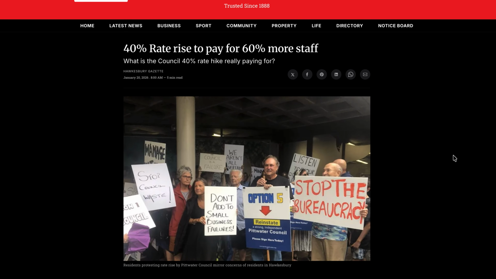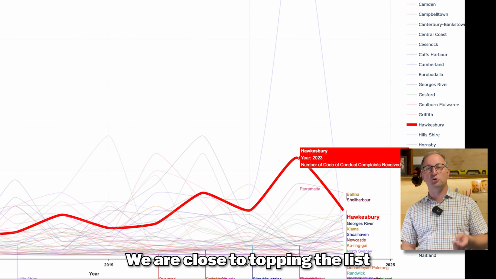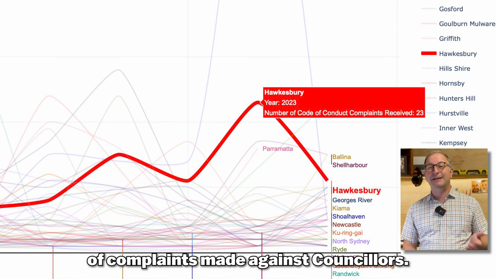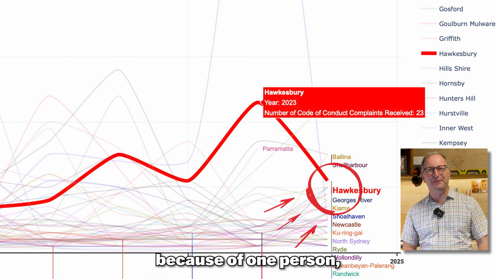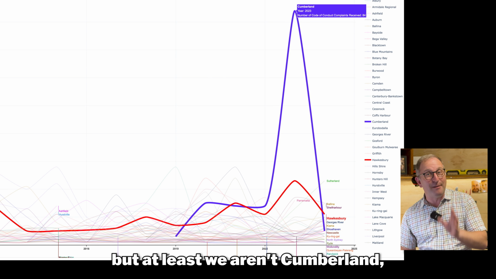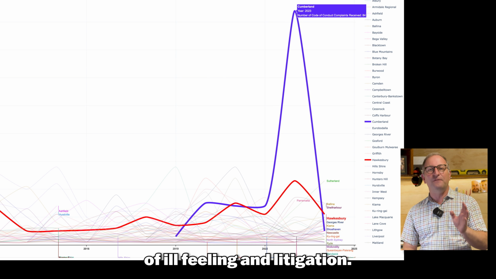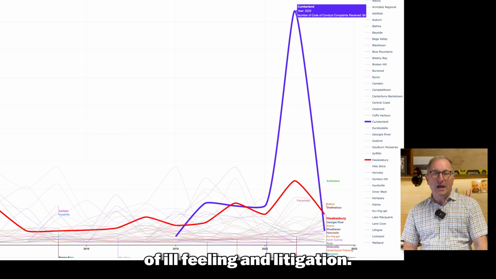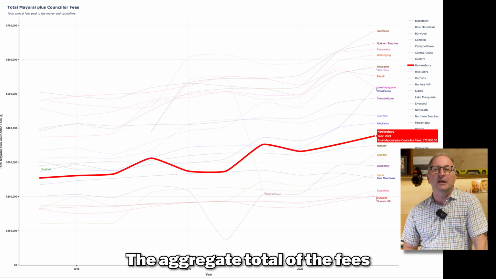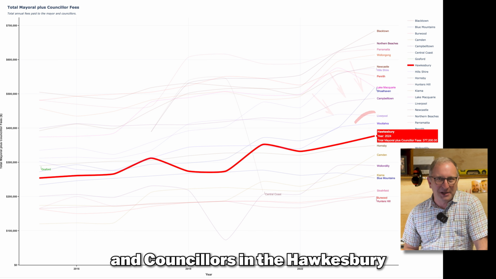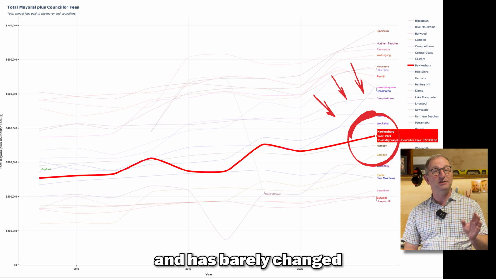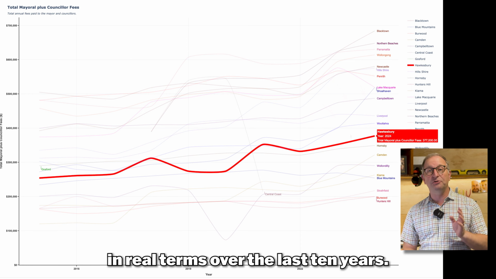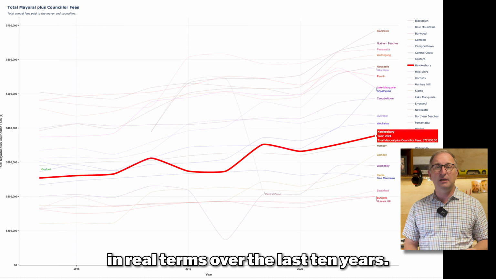By these measures, the data says that Hawkesbury Council's operations are fairly efficient, despite what you read in the local paper. We are close to topping the list of complaints made against councillors. In our case, that's largely because of one person, but at least we aren't Cumberland, which is a den of ill feeling and litigation. The aggregate total of the fees that we pay our mayor and councillors in the Hawkesbury is modest compared to our peers and has barely changed in real terms over the last 10 years.